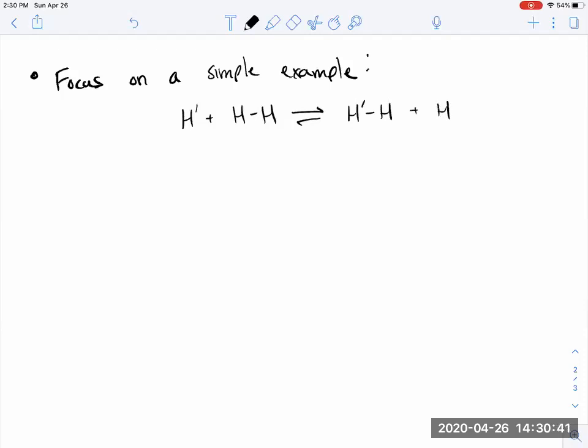Now that is a reaction, not a very exciting one, but a reaction. Nevertheless, I have to break a hydrogen-hydrogen bond and reform a different hydrogen-hydrogen bond. And it is completely specified by two coordinates. If we imagine this happens on a line.